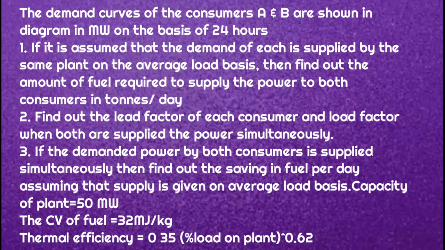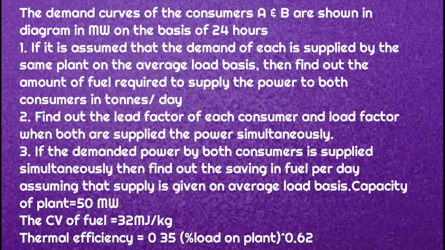Now first I will read the given question. The demand curves of the consumers A and B are shown in the diagram in megawatt on the basis of 24 hours. If it is assumed that the demand of each is supplied by the same plant on the average load basis, then find out the amount of fuel required to supply the power to both consumers in tons per day.